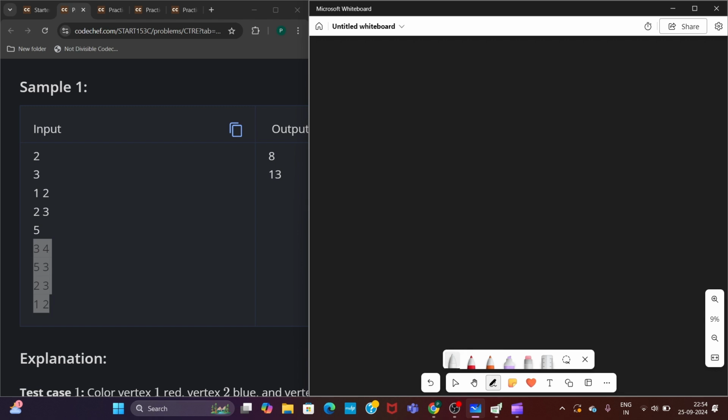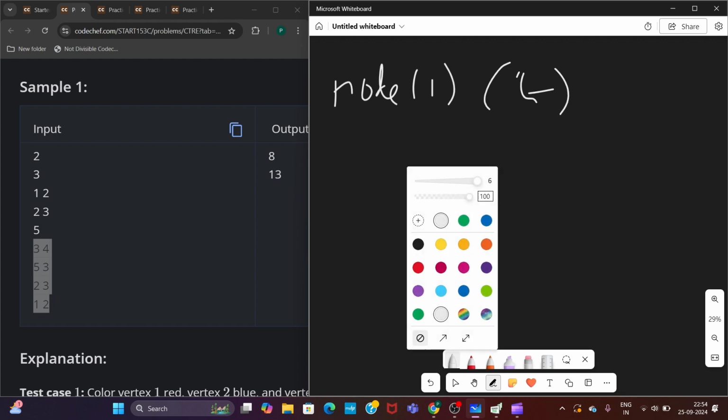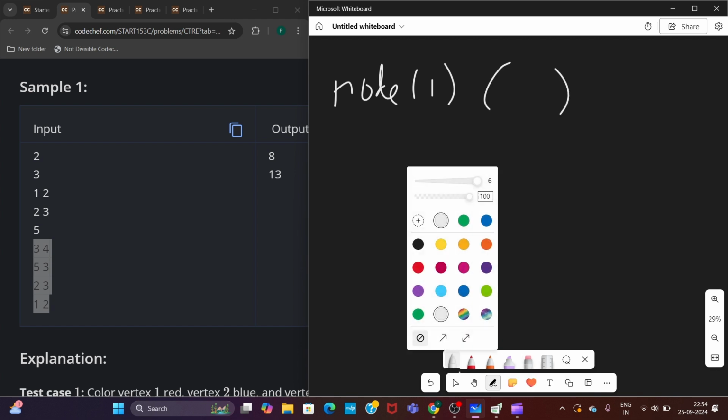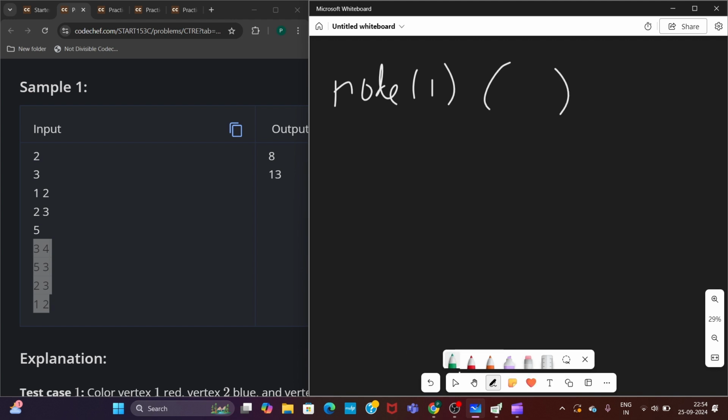Our node one is green, as we are able to see.